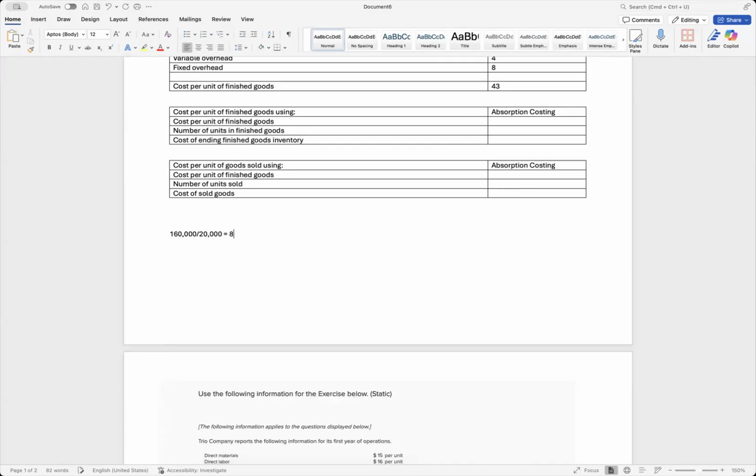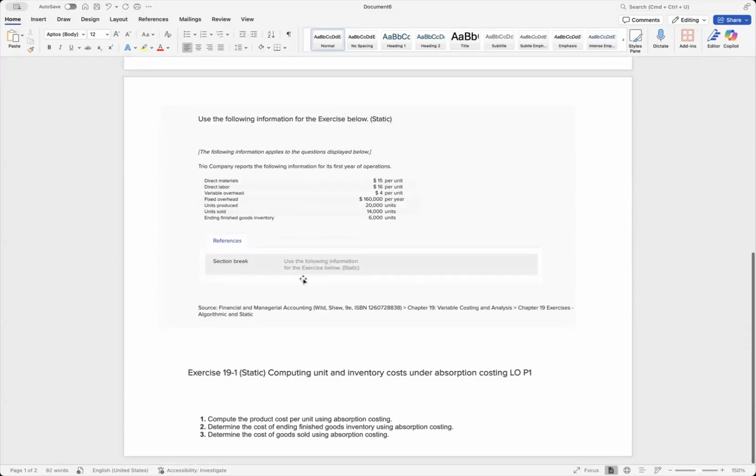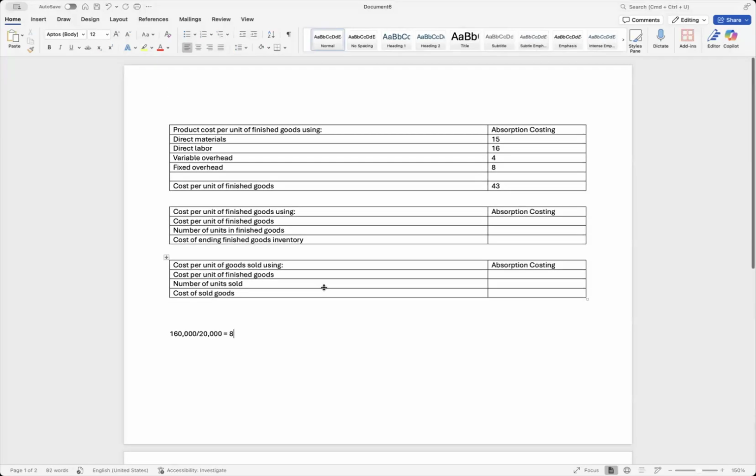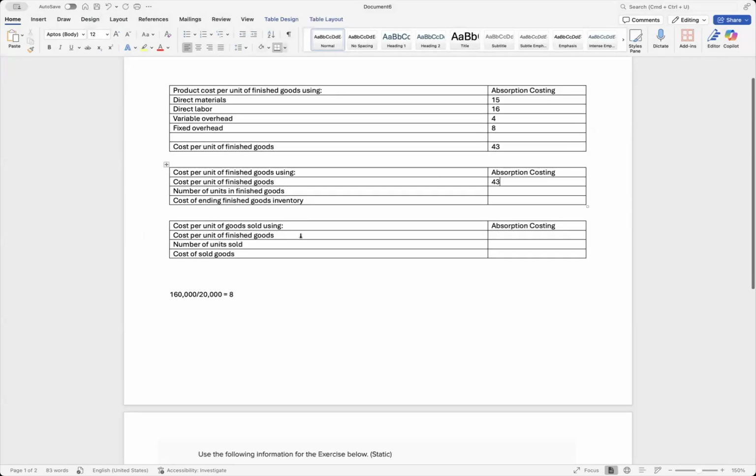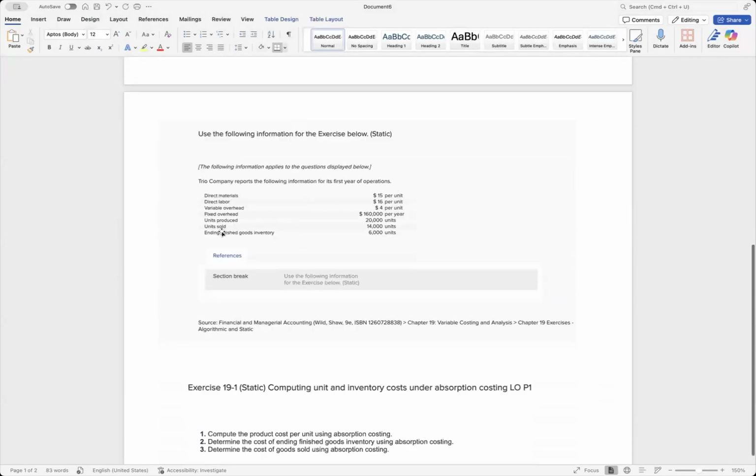All right. So part two says determine the cost of ending finished goods inventory using absorption costing. So the cost per unit of finished goods, we've already calculated that. We just calculated it at 43, so we just put that there. The number of units in finished goods, we look down here, it says the number of units in finished goods is 6,000.